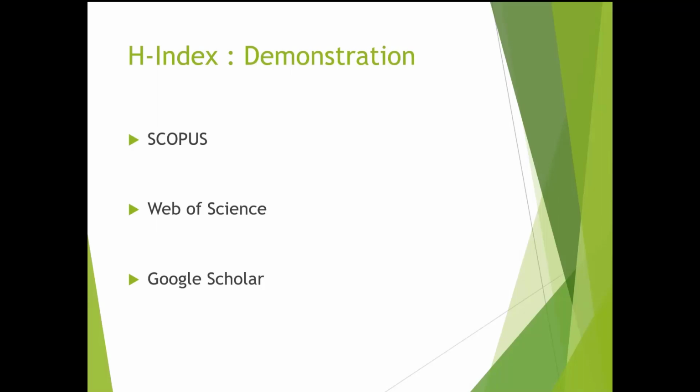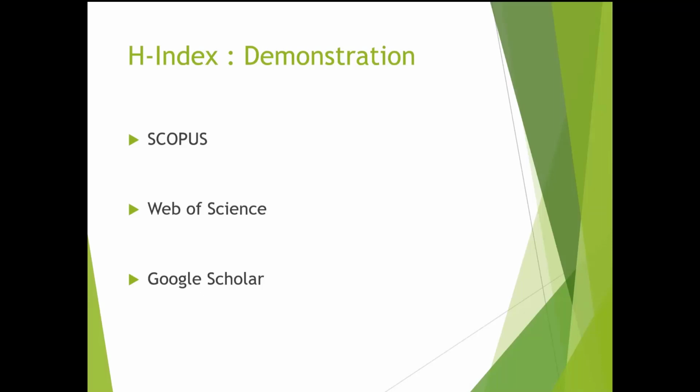The H index can be determined using citation databases such as Scopus and Web of Science, and the ever popular Google Scholar. I just want to make a quick disclaimer before I go into demoing each of these. Depending on the tool that you use, each is likely to produce a different H index for the same scholar.